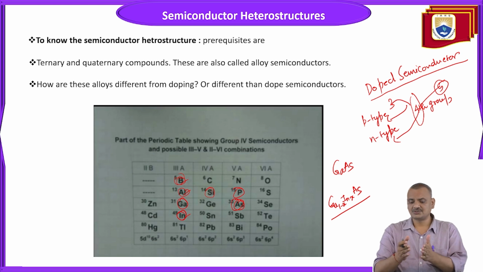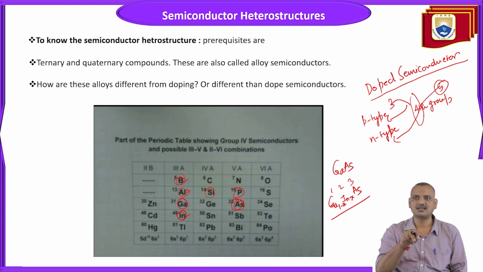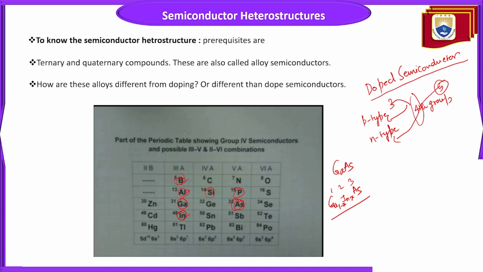So such a type of thing is an alloy semiconductor. And here you see three elements are present, so you can say these are ternary semiconductors.